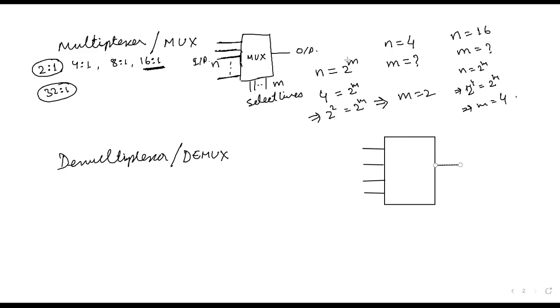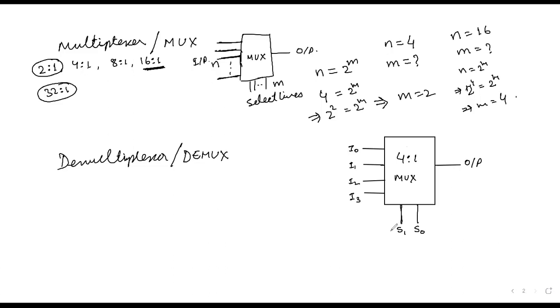Let the 4 inputs be I0, I1, I2, I3. How many select lines should there be? Two, and the select lines will be named S1 and S0. So we have 4 inputs, 2 select lines, and 1 output. This is a 4:1 mux.